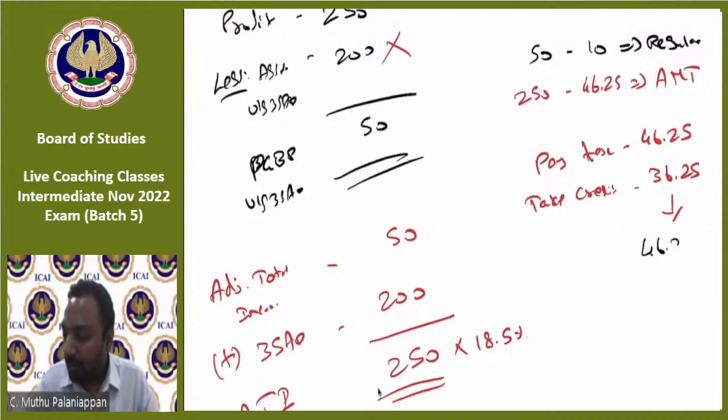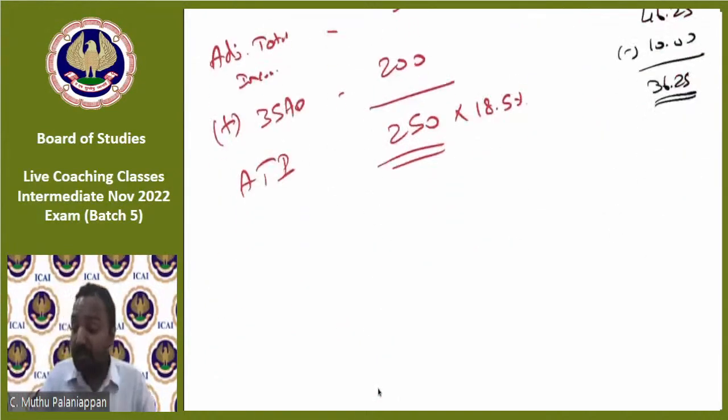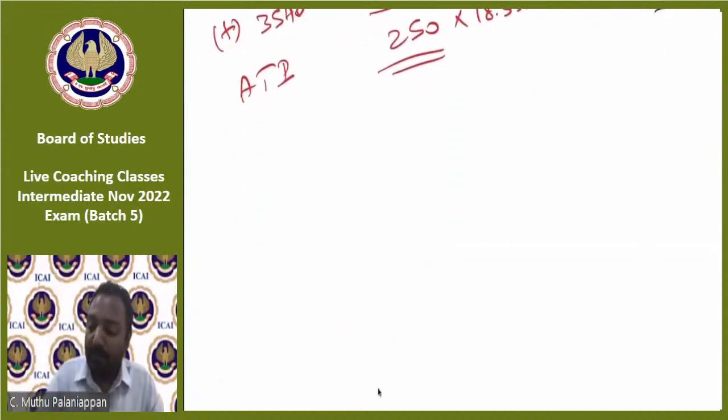It is nothing but 46.25 minus 10. So this 36.25, I take it as credit. In the subsequent year, let's say there is no 35 AD. My profit is just 100. Tax on this 100 is, let's say, 30. So on this 30, I can take credit.